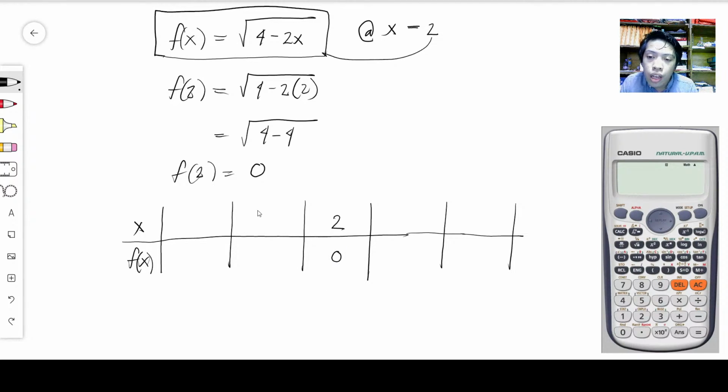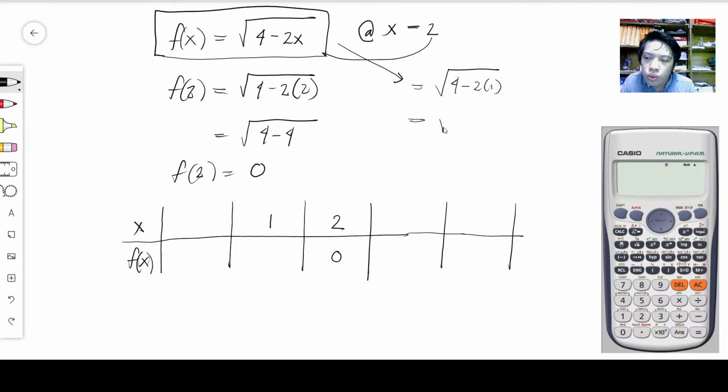Okay. And if the value of f of x just to the left of 2, and that is, say for example, 1. So when this is 1, this will be equal to the square root of 4 minus 2 times 1.